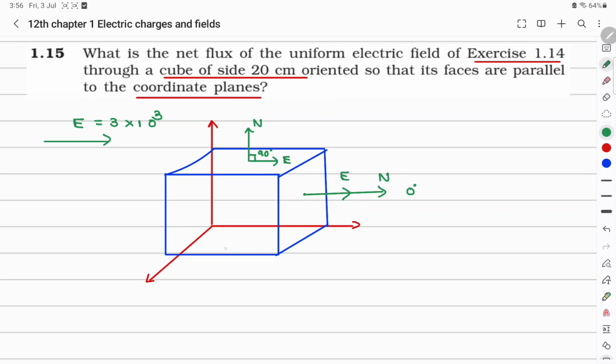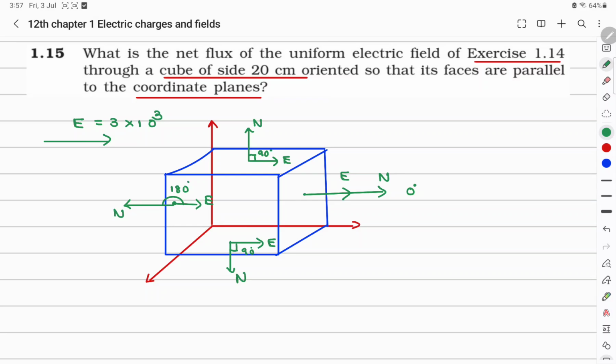For this face, the normal and the electric field will be perpendicular to each other. And for this face, the normal and the electric field lie in opposite direction, so that is anti-parallel, and for anti-parallel the angle is 180 degree.